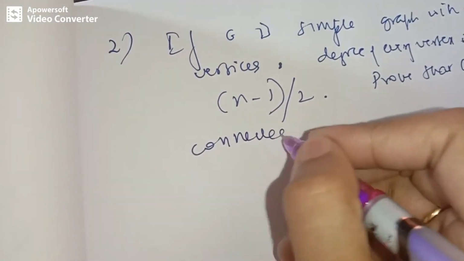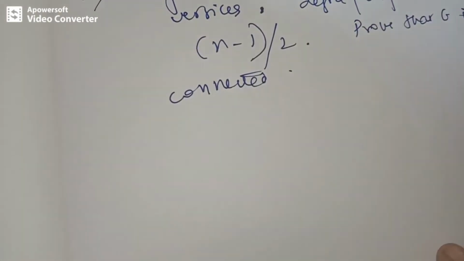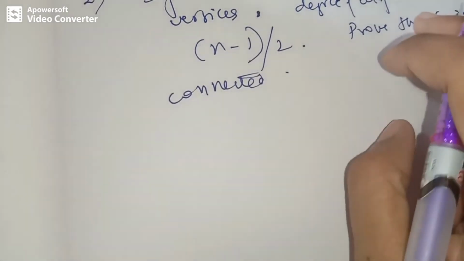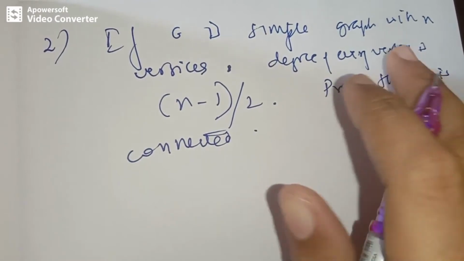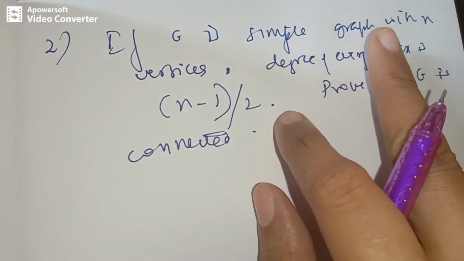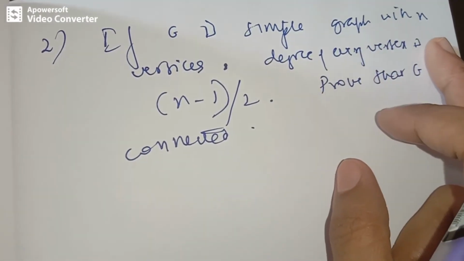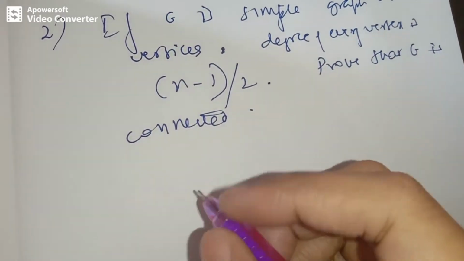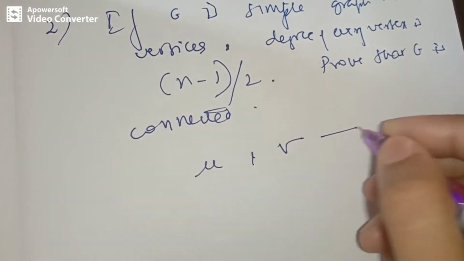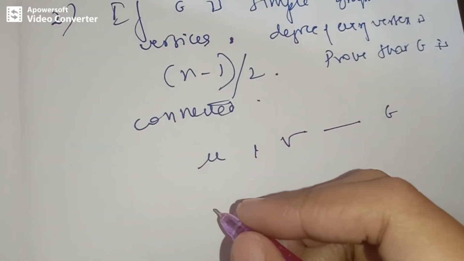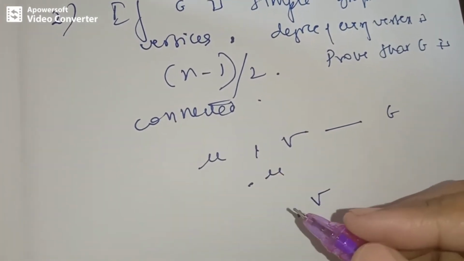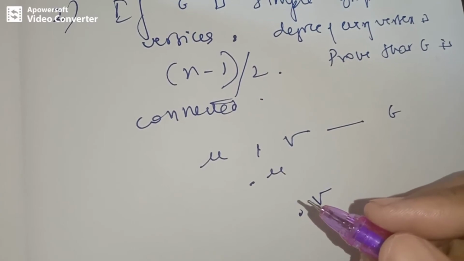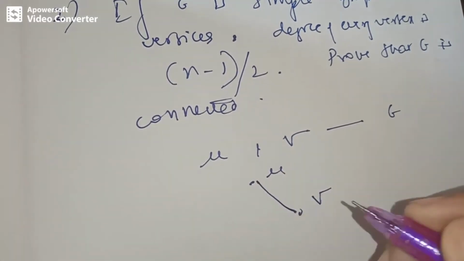So how do we start with the proof? First of all, G is a simple graph and it consists of n vertices, and the degree of every vertex is at least (n−1)/2. We have to prove that it is connected. So let us take any two vertices u and v in the graph G. Then they may be adjacent or they may not be adjacent. If they are adjacent, then clearly it is connected.